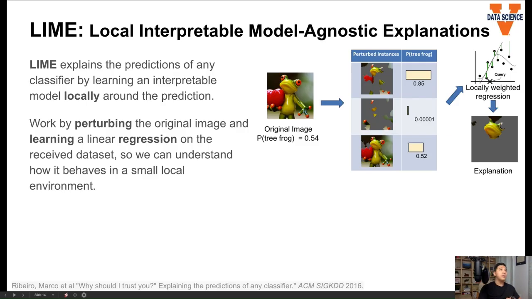And from there, you can learn which region or which pixels possibly correspond to the score of the model on the original image. Thus, you learn the region that explains why it's making that decision. So using this technique, you are able to learn which region on the test image is responsible for the prediction.